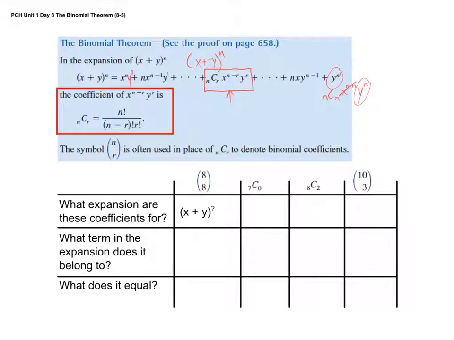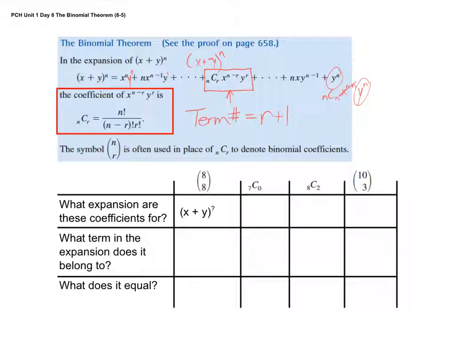Y to the 1st power is our 2nd term. So the term number will always be r plus 1. Whatever the power of y is, that second part, plus 1.